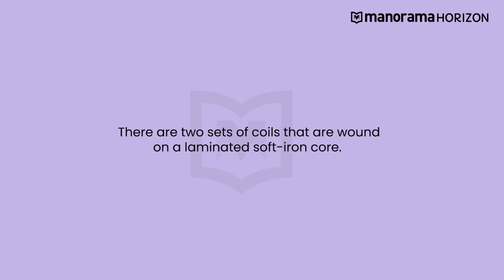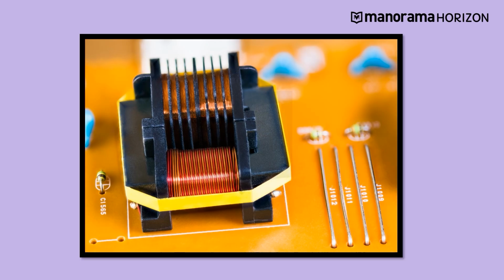All transformers, small or big, have the same basic construction. There are at least two sets of coils which are wound on a laminated soft iron core. And it does not matter how big or small the transformer is. For example, if you observe this device, which is small enough to easily fit inside your hand and belongs on a circuit board, and compare it to the previous device that you saw, you will notice that both of them have the same basic construction.